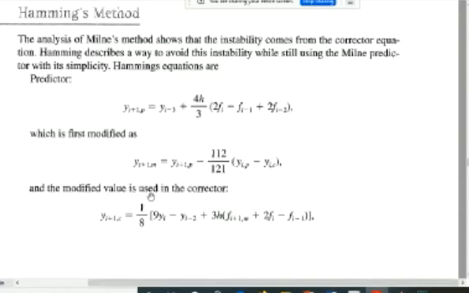The modified value is used in the corrector, which is the third equation on this screen. y_{i+1}^c is the corrector, and it equals 1 divided by 8 times this value.